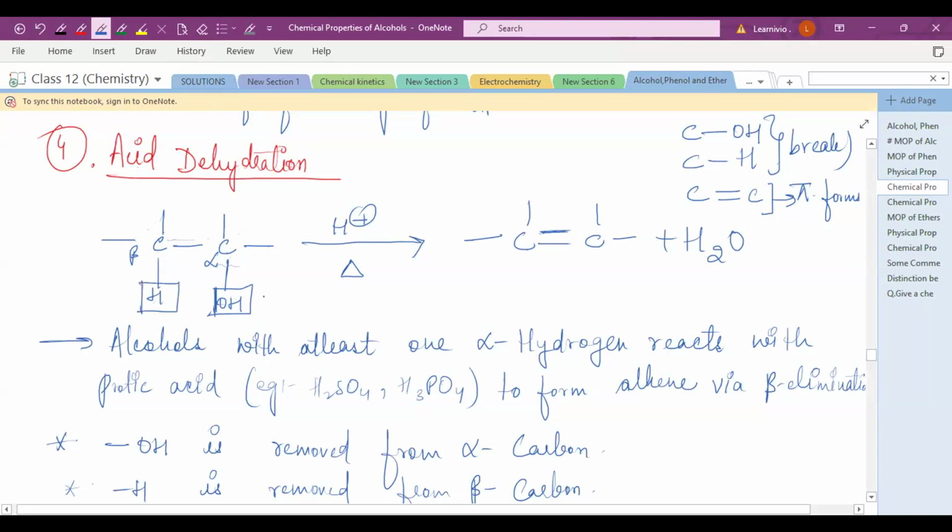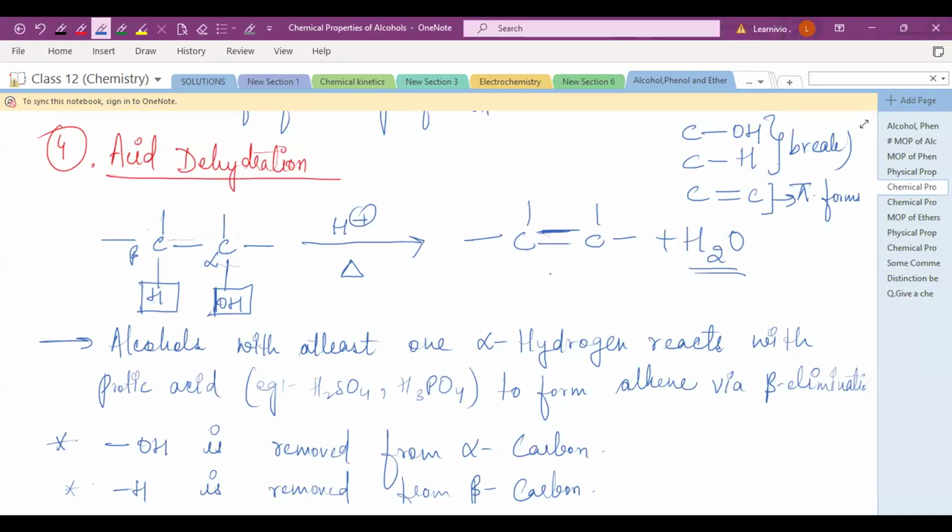They will combine and liberate as water, H2O. When these two bonds are removed, what happens? A double bond comes between these two carbons. So this is the alkene. That's how alkene is formed via beta elimination when alcohols with at least one alpha hydrogen react with the acid.